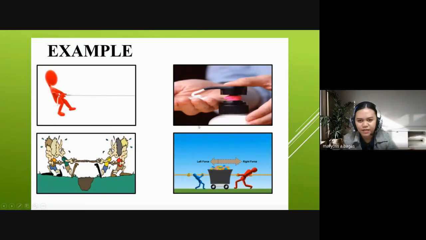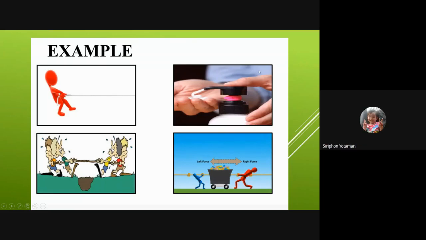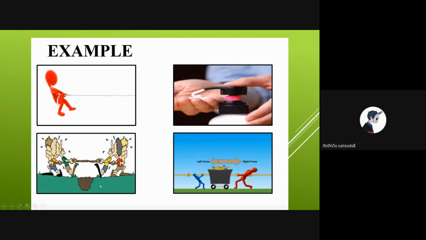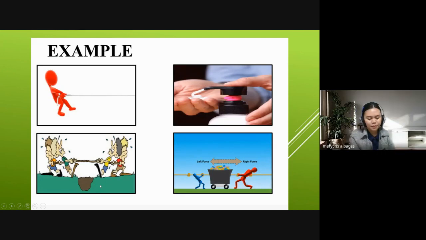Push. That's right, you push down. How about this picture? Push or pull? Pull. They're playing tug of war. The name of this game in English is tug of war. Pulling.